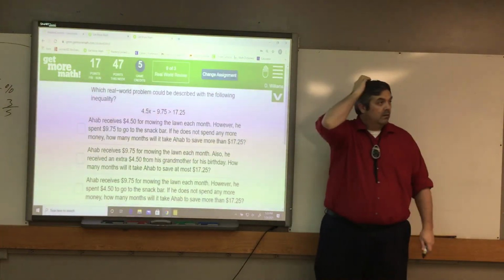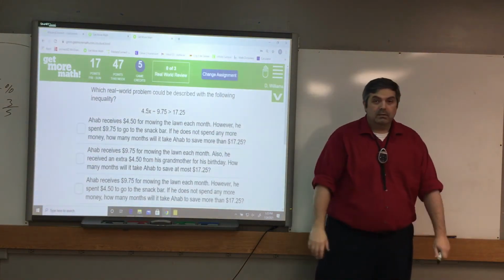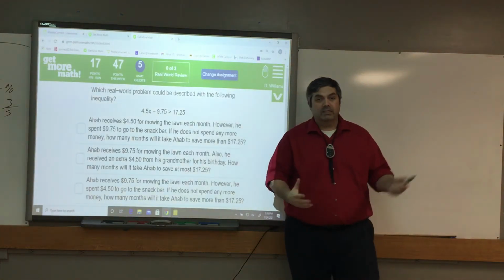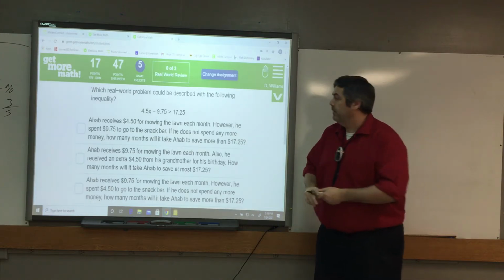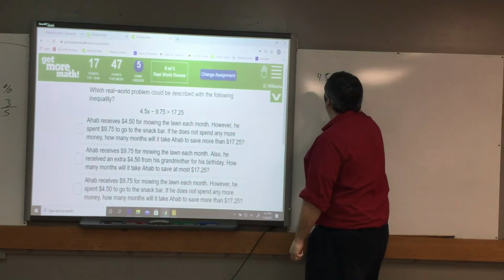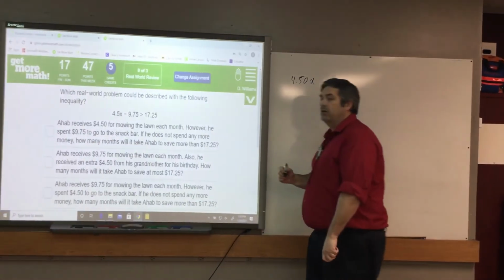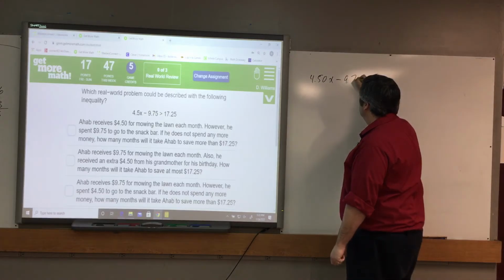More than. All right, so notice I looked over at my list. When I do inequalities, I have a list in front of me, because it's so easy to mess them up. Now, let's just write this. 4.50x, because x is the number of months, minus 9.75.